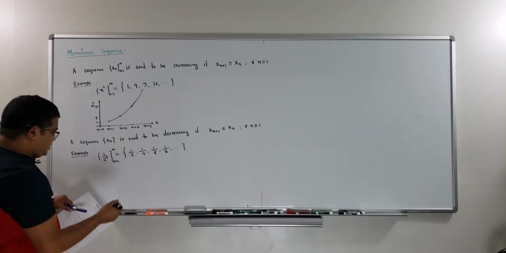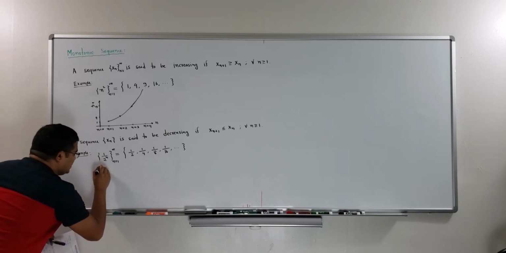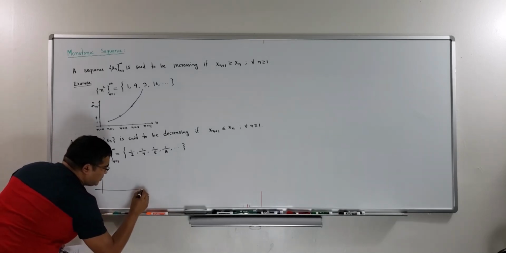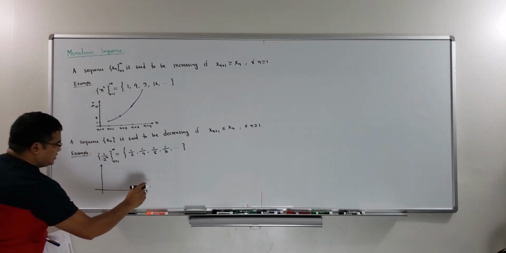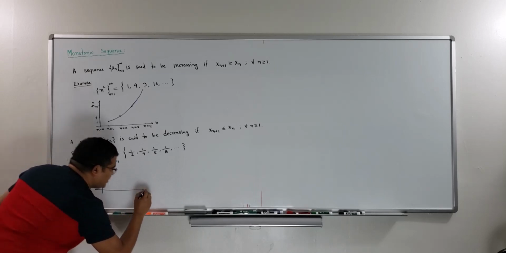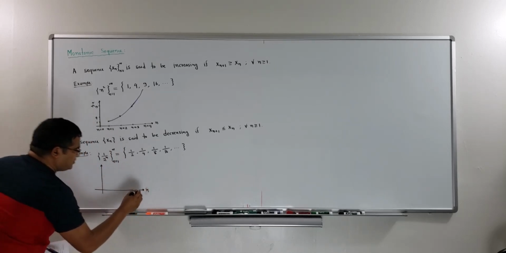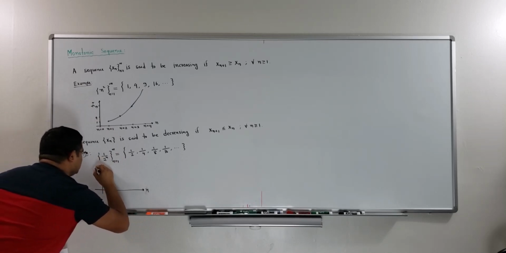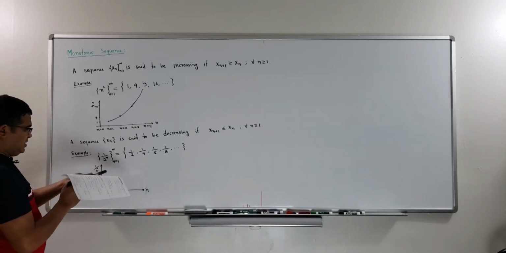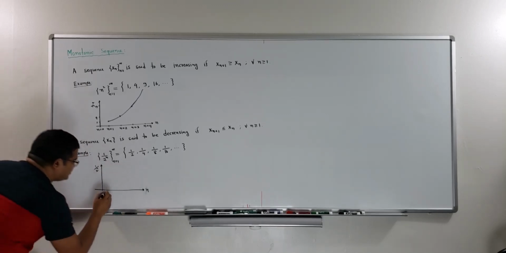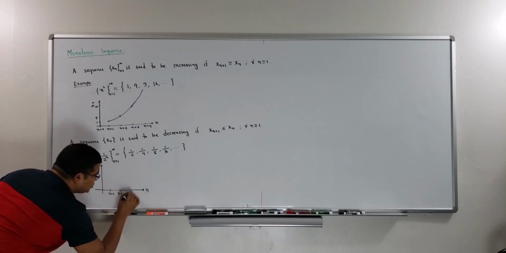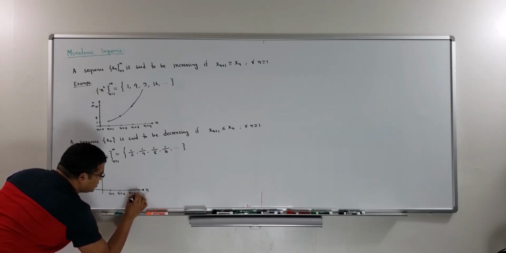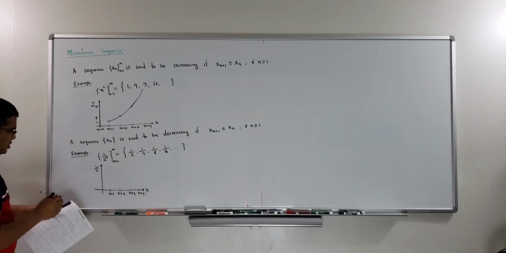If you plot the graph, you can see a decreasing function. This is the n axis, and this way will go 1 over 2 to the power n. Here n equals 1, n equals 2, n equals 3, n equals 4.